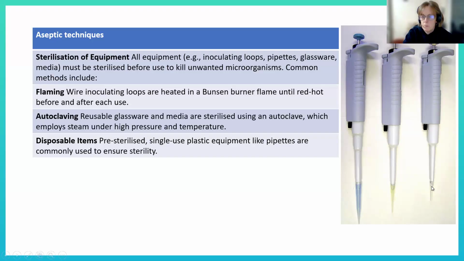This one goes up to 20 microliters. This one goes up to 1 microliter, I think. And then this one goes up to 200 microliters. So really small volumes, like 200 microliters is a fifth of a milliliter, so a fifth of a centimeter cubed. But it allows you to be really accurate, particularly in molecular biology.